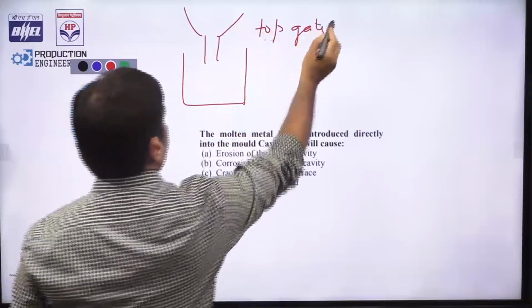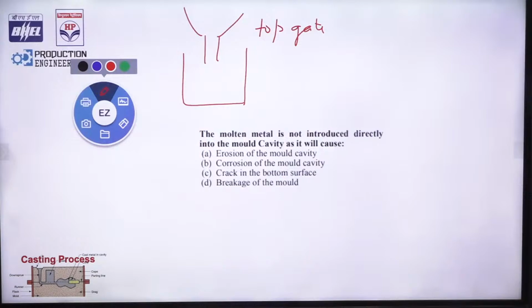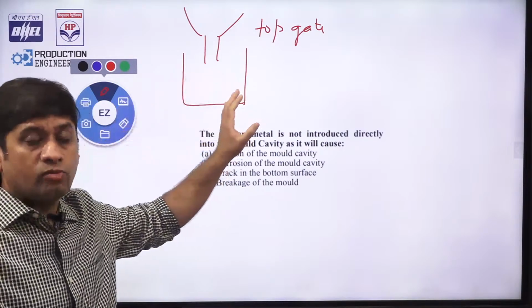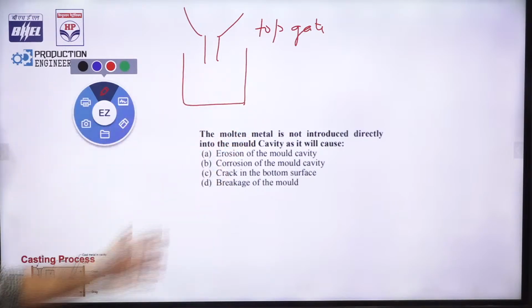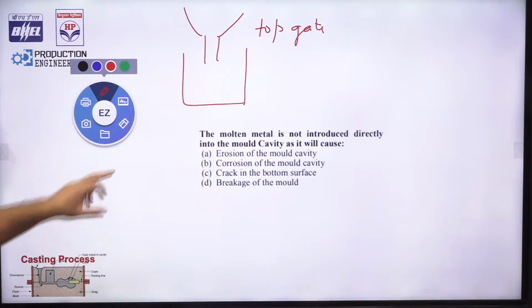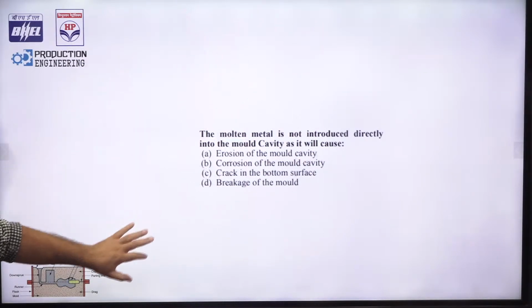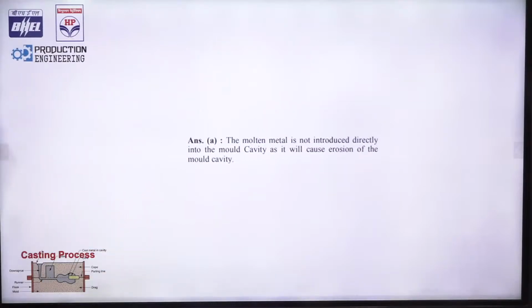In a top gate, filling will be very fast. But in a top gate there is another trouble. Filling will be very fast, but turbulence will be very high. Erosion will be very high. So you don't go for a top gate, because it will lead to a lot of erosion.